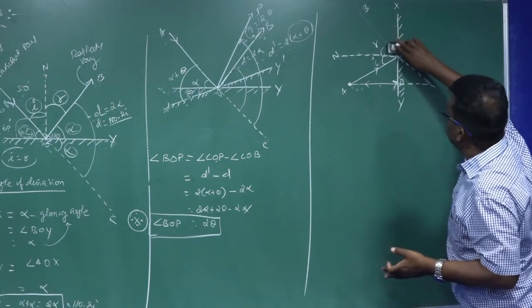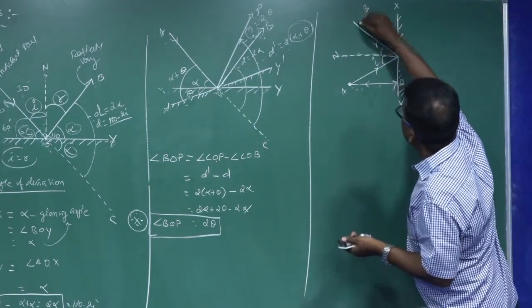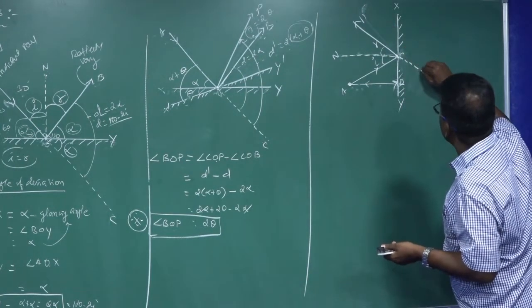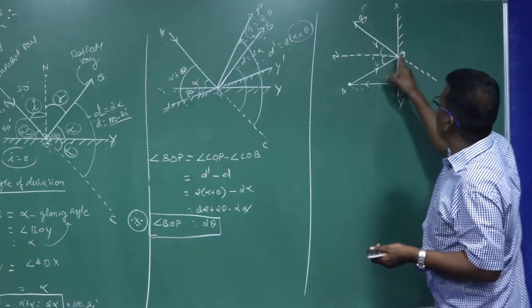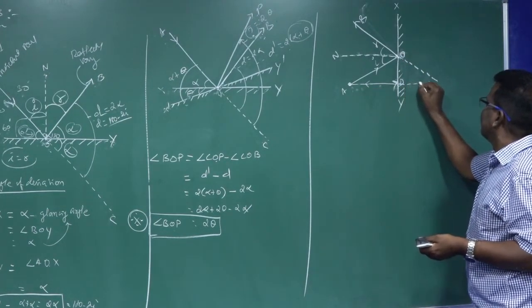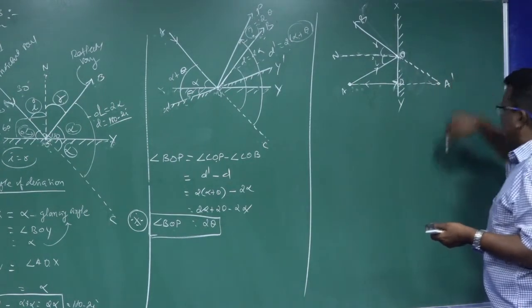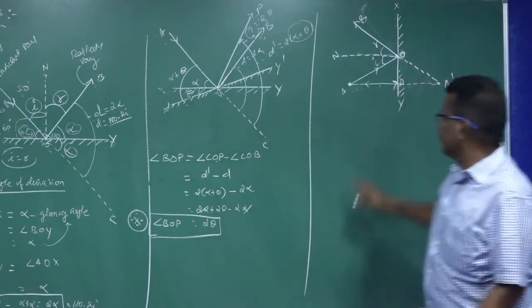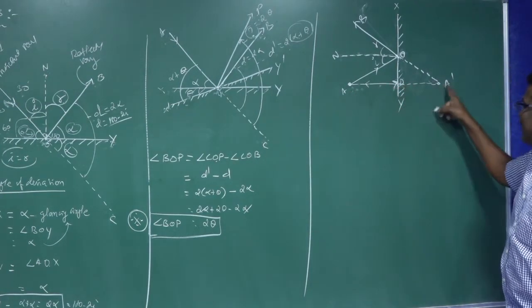BO is extended and AD is also extended. Call the point A prime. See this diagram. AD is equal to DA prime.